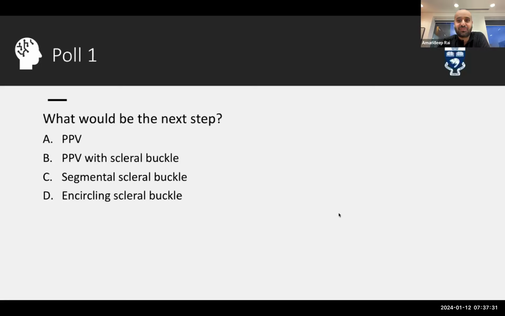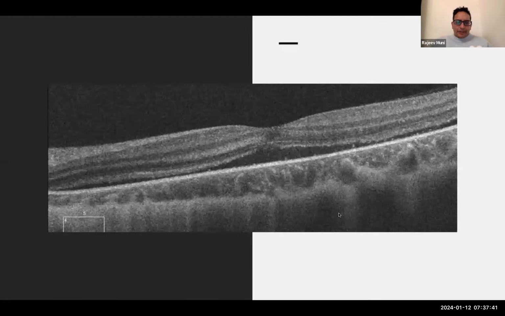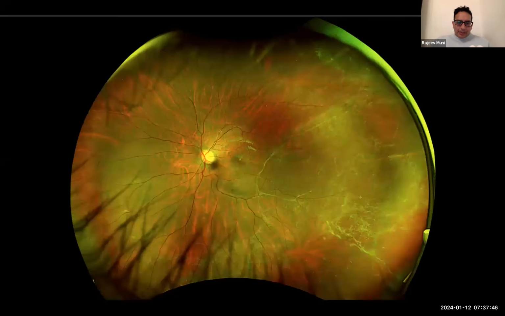Peter, there were inferior breaks, if you go back to the picture, but I certainly would do pneumatic first line in most detachments in this age group as well. But there was lattice all over, and there were breaks inferiorly as well.